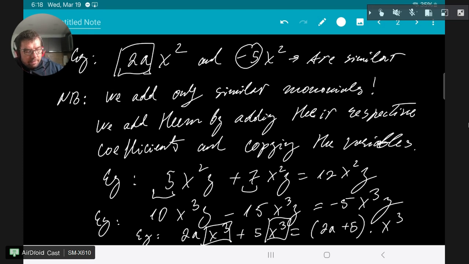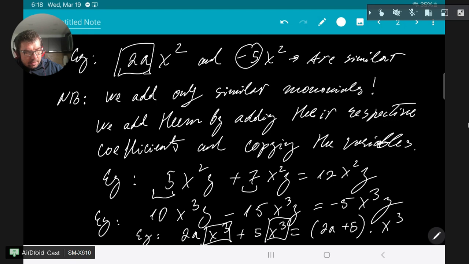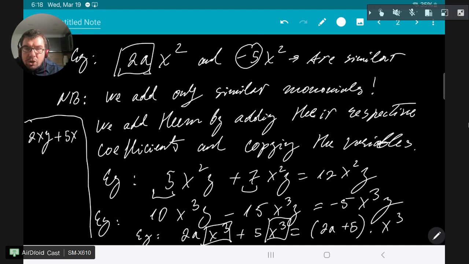It will be a different story if I have, for example, 2xy plus 5x. Now, because these are not similar, I cannot add them and get a result as a monomial, okay?